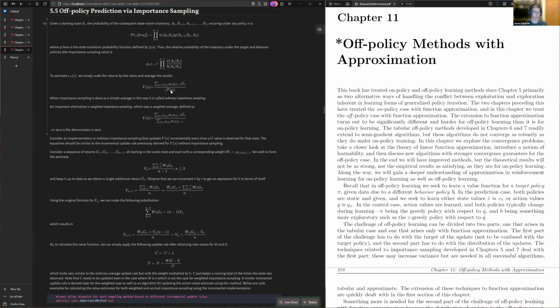And there was weighted importance sampling and regular importance sampling, and methods of updating each target. But you just have to keep track of this ratio, which means you have to keep track of which actions were selected, and you also have to know what the probability distribution is of the policy that you care about here.